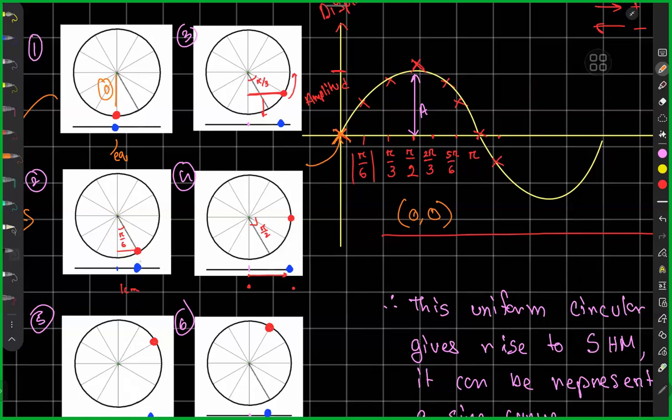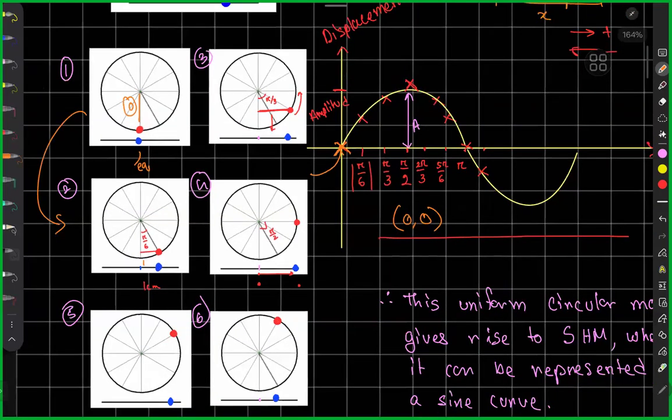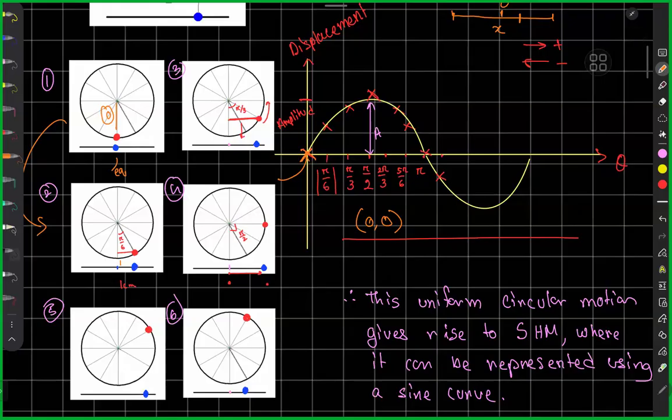So now, as the red bob is at a position of pi by 6, it creates a shadow, let's say, of 1 centimeter over here, a small displacement from the equilibrium.